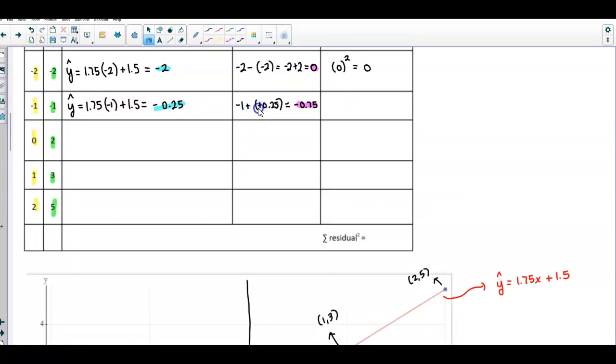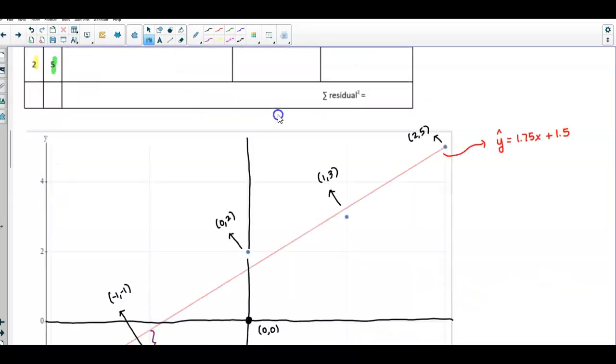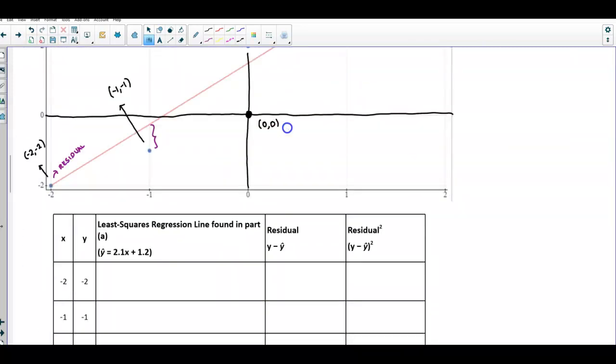So we have negative 1 minus 0.25. So this negative 1 minus 0.25 gave us negative 0.75. And that is the distance from this point to this point, which means that this point is below the line.